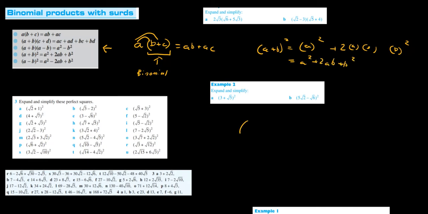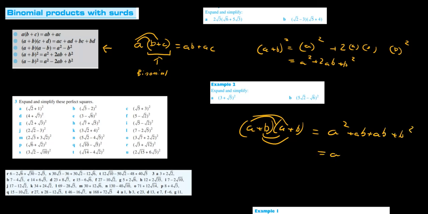Doing it the long way, we get A squared plus AB plus AB plus B squared. That gives A squared plus 2AB plus B squared. Okay, so please check to see if you can do those, because if you can't, you're going to run into problems.